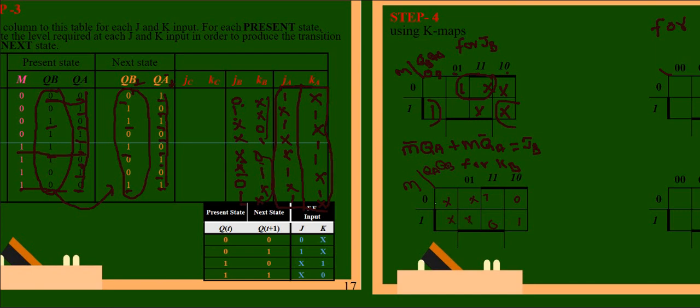In this condition we can group the don't cares together, and make one more group of 1, don't care. If you see the above picture, here also the same grouping consists of 1, don't care, and don't care, 1. Here also the same group. So we get the same equation, and we can say that KB is equal to JB.